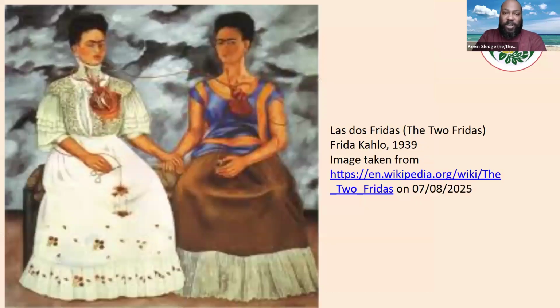What does that mean? Frida Kahlo: a lot of my students come into the classroom knowing about Frida. I'm not quite sure how, but she's a popular figure that they come into the class knowing. So we can talk about this picture in particular, where on the left side she's very recognizably in European clothing, and on the right side she's in her indigenous clothing.